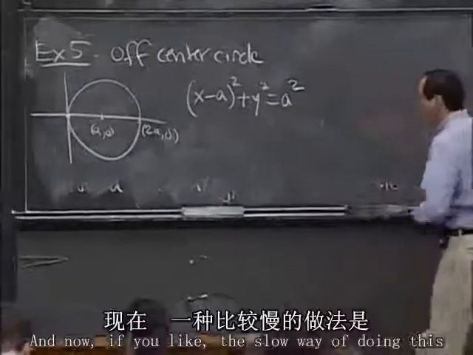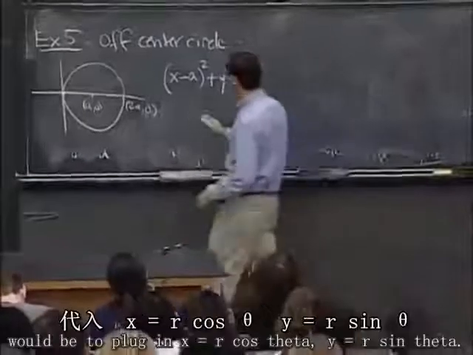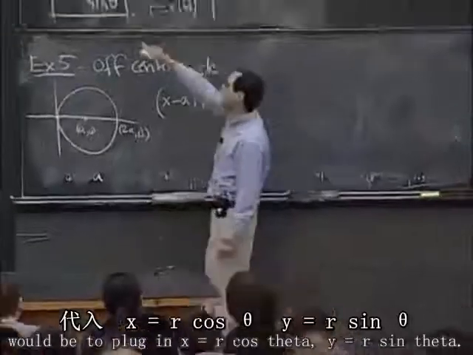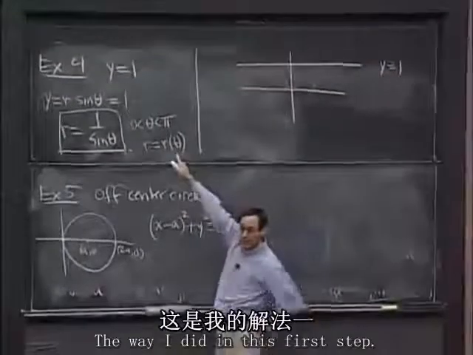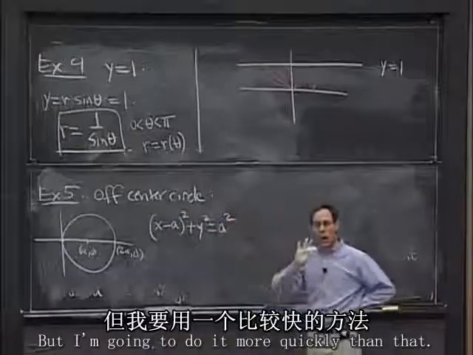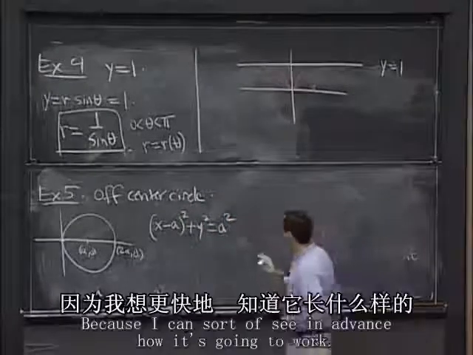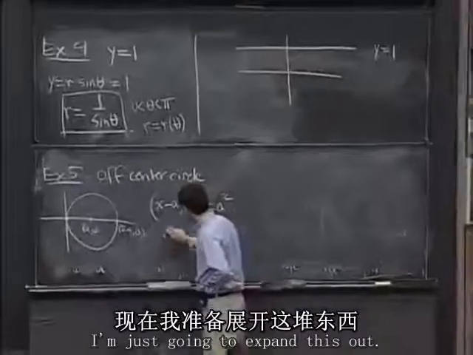And now, the slow way of doing this would be to plug in x equals r cosine theta, y equals r sine theta, the way I did in this first step. And that works perfectly well. But I'm going to do it more quickly than that, because I can see in advance how it's going to work. I'm just going to expand this out.